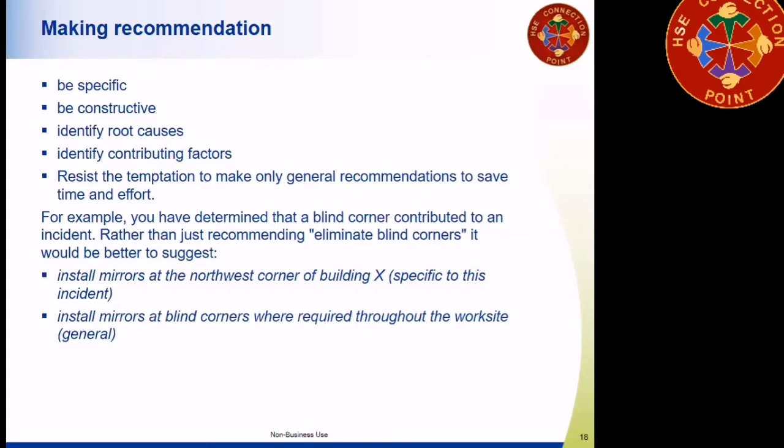For example, you have determined that a blind corner contributed to an incident. Rather than just recommending eliminate blind corners, it would be better to suggest as follows: install mirrors at the northwest corner of building X, specific to this incident, or install mirrors at blind corners where required throughout the work site.